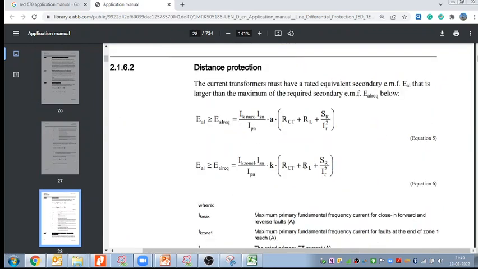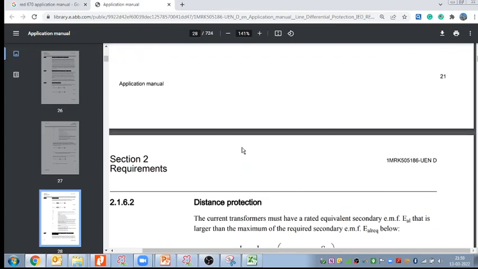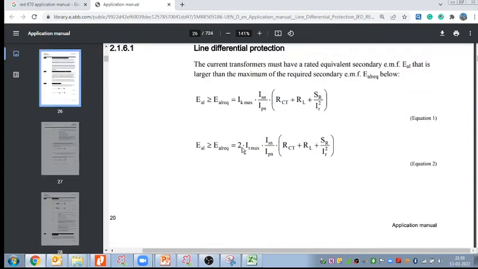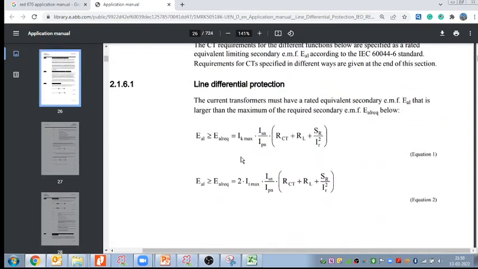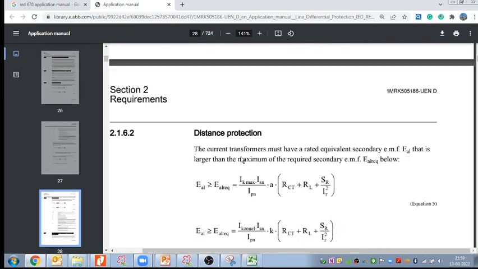And out of the four equations, the one which provides the highest knee point voltage we can take as the CT knee point voltage. Right now I think the approach is clear. So we will go one by one.